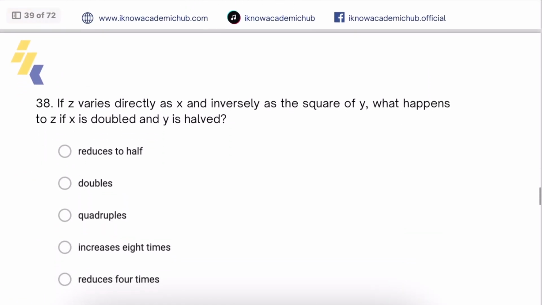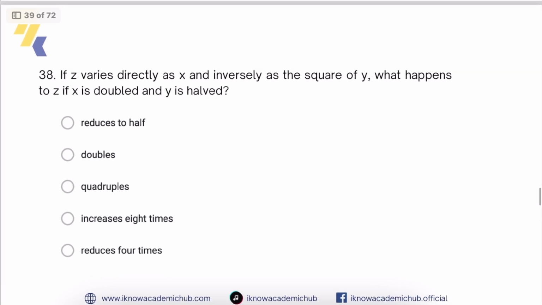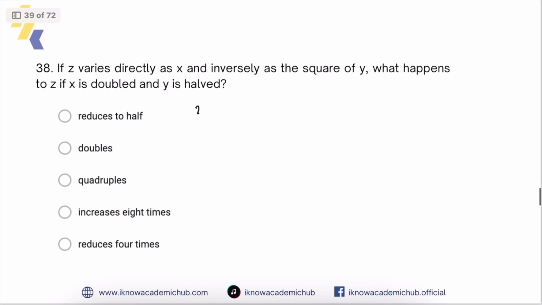Next, number 38. If z varies directly as x and inversely as the square of y, what happens to z if x is doubled and y is halved? So we have the variation equation here, that is z is equal to kx over y squared, and x is doubled, so we have here z is equal to k times 2x over (y over 2) squared.